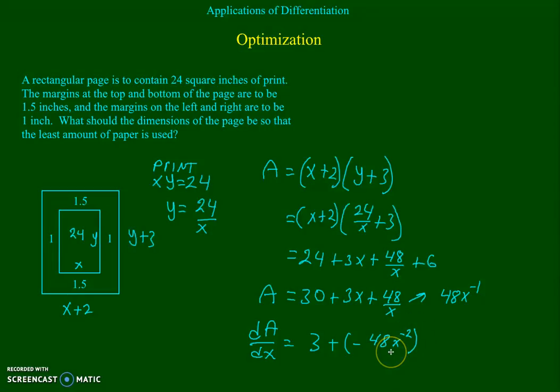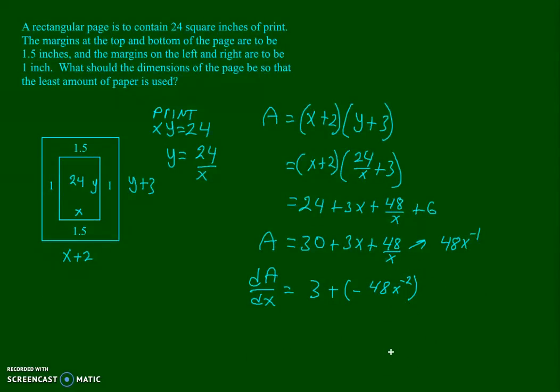So this becomes 3 minus 48 over x squared. Now we have to find our critical numbers. We set this equal to 0. We have 48 over x squared equals 3.